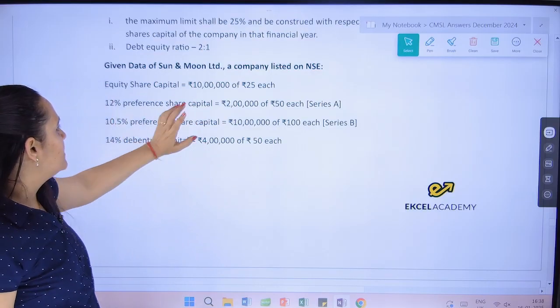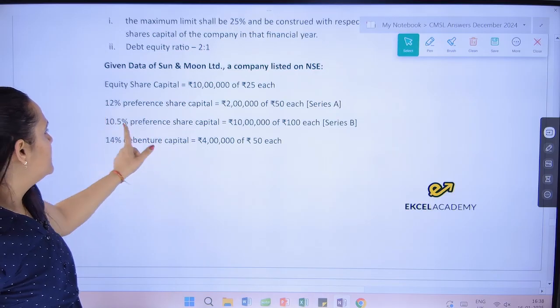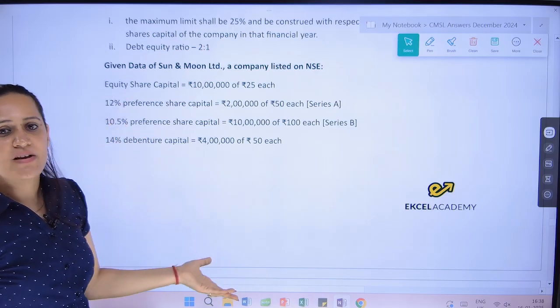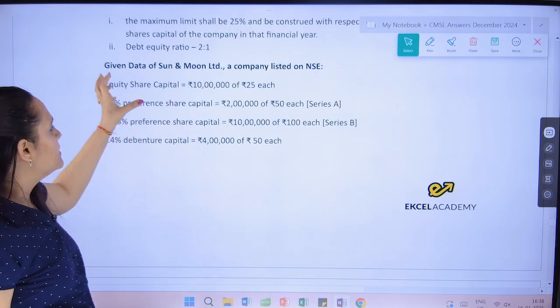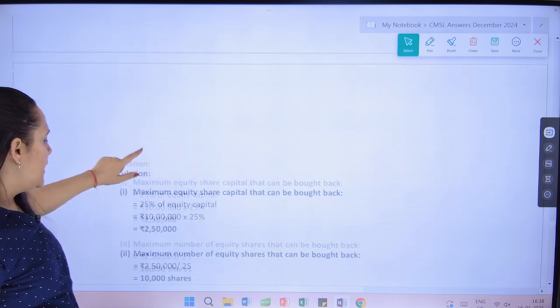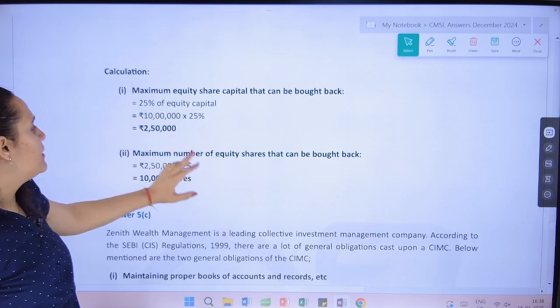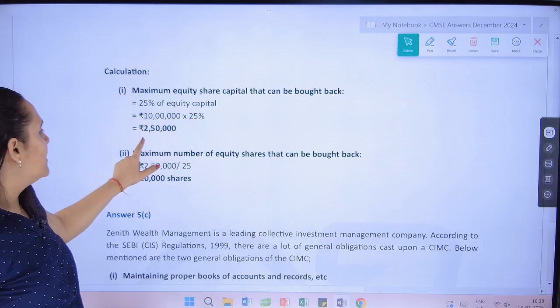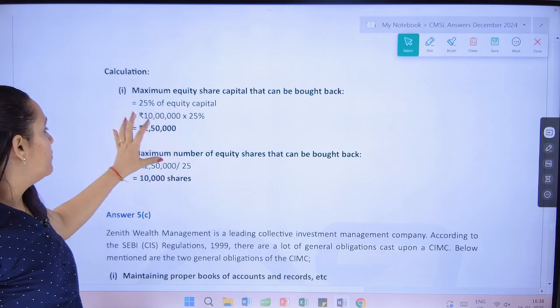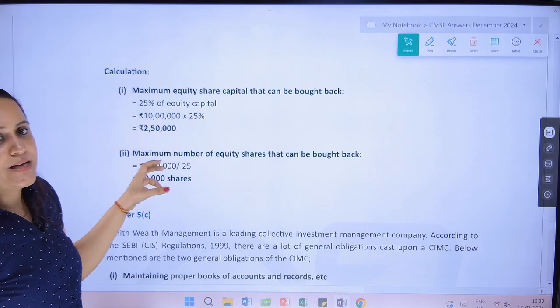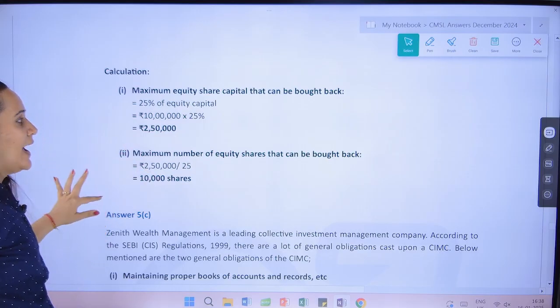Equity capital is rupees 10 lakh. Preference share is not anyways taken into consideration. We are only going to consider the equity capital. So we are going to take 25% of the equity capital, that is 25% of 10 lakh, that is rupees 2,50,000 can be bought back.